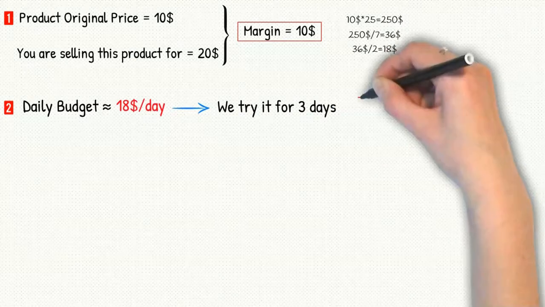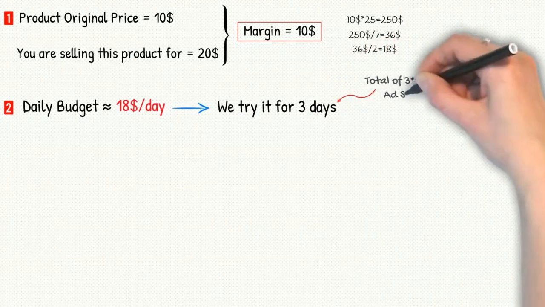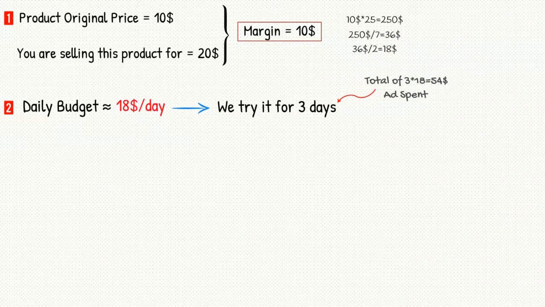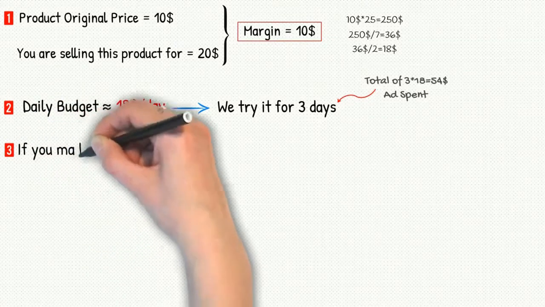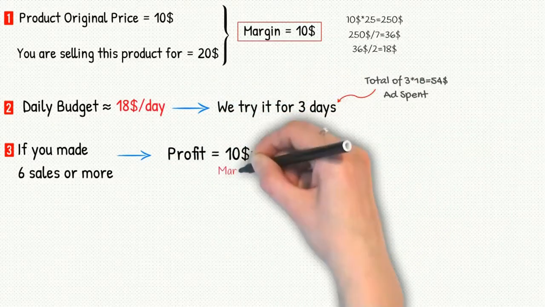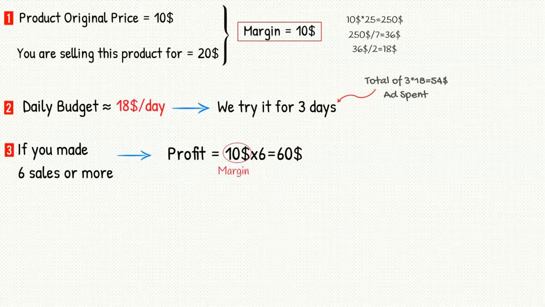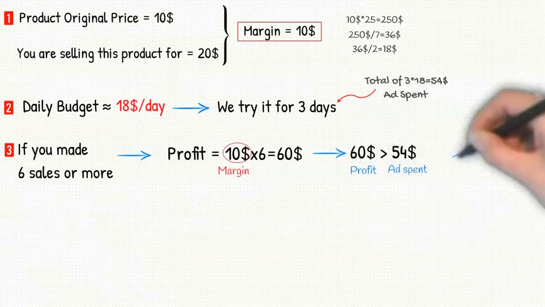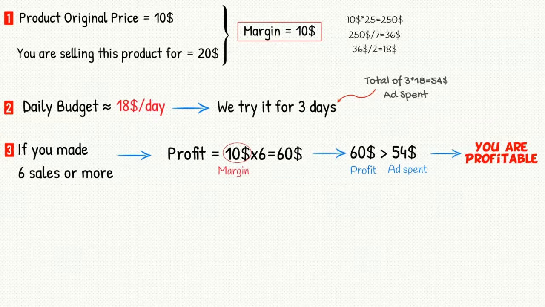We try it for 3 days, so the total is 3 by 18 equals $54 ad spend. So if you made 6 sales or more, it means you made more than $60 of profit since your margin is $10. It means you are profitable since you only spent $54.